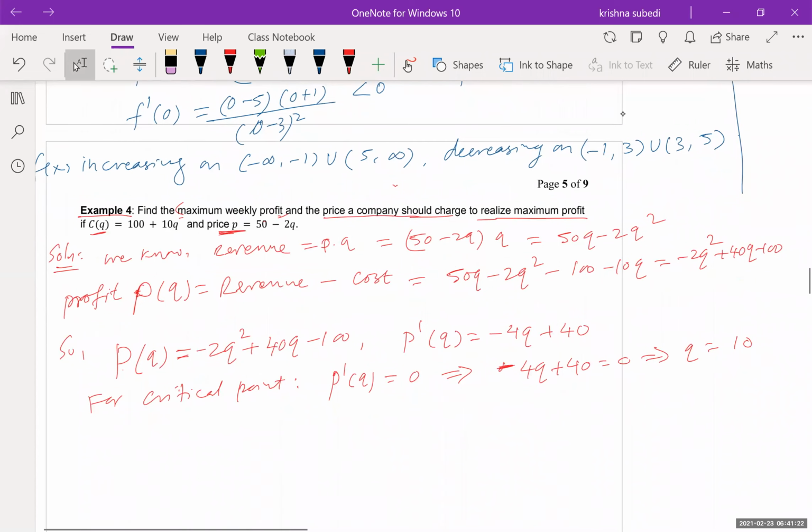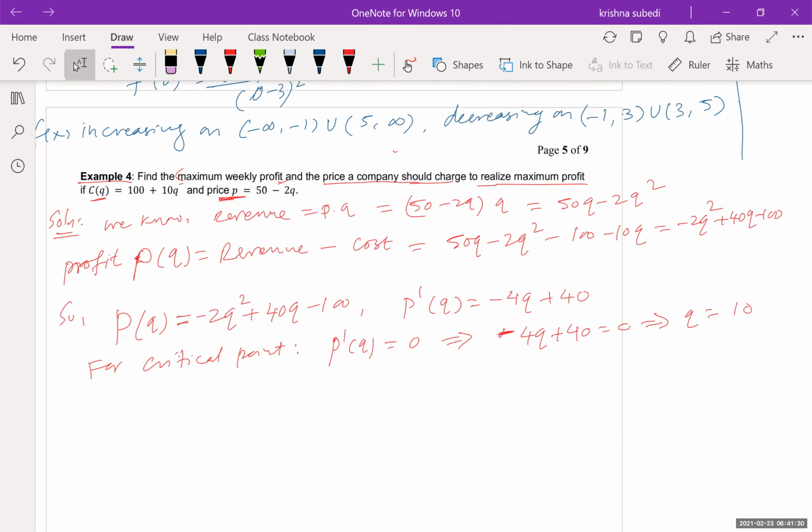Now the question is, we know that q equals 10 will be either a maximum or minimum, we don't know yet. So what we need to do is the sign test, analyze the sign. So you draw a number line and 10 is there, and your domain starts at 0 because we are talking about quantity here. You cannot go to negative infinity. It's just 0 to infinity. Now testing points, maybe the easy number would be 1, and another number could be 11.